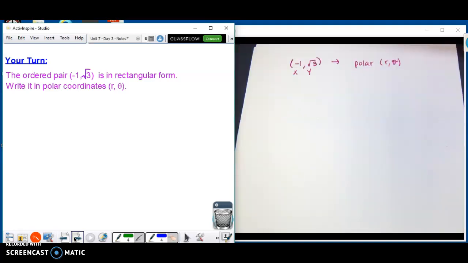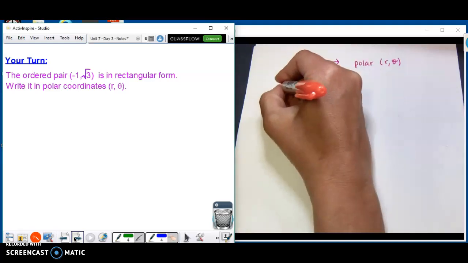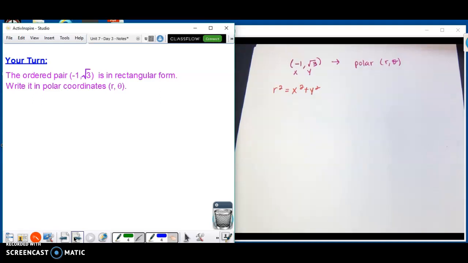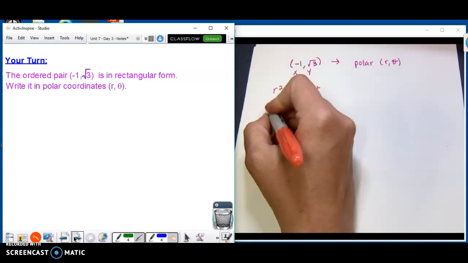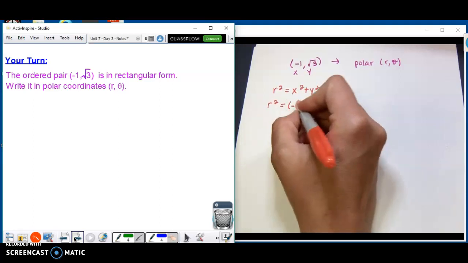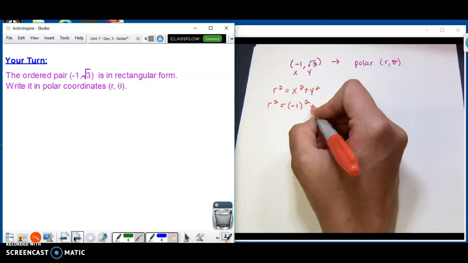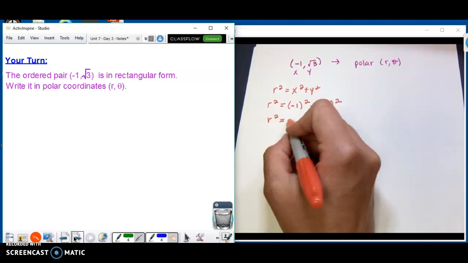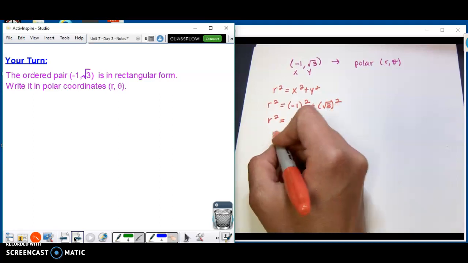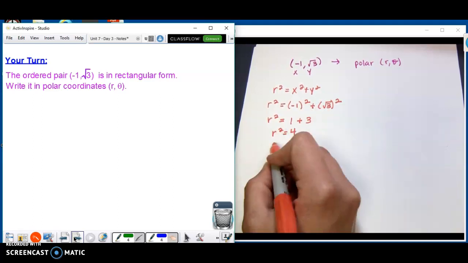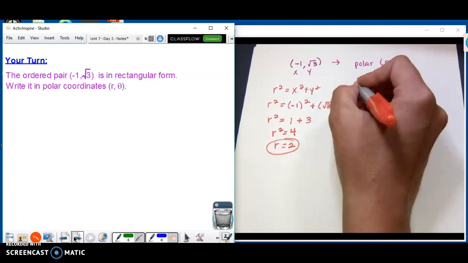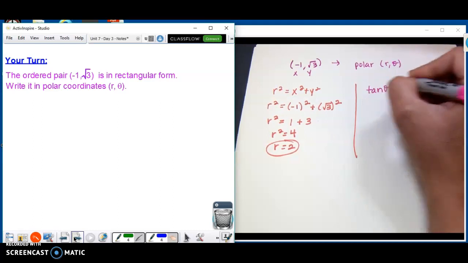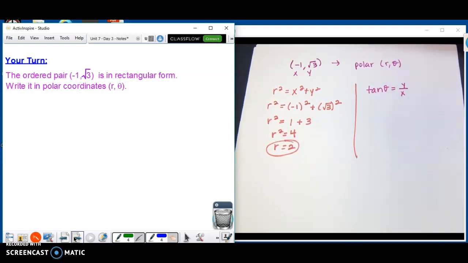If we're going from rectangular to polar, we're going to be using r squared equals x squared plus y squared, and r squared is what we're trying to find. x is -1, squared. y squared is the square root of 3, squared. So we're going to have 1 plus 3, so r squared is 4, which means our radius here is going to be 2. The other formula we use for going rectangular to polar is tangent theta equals y over x.